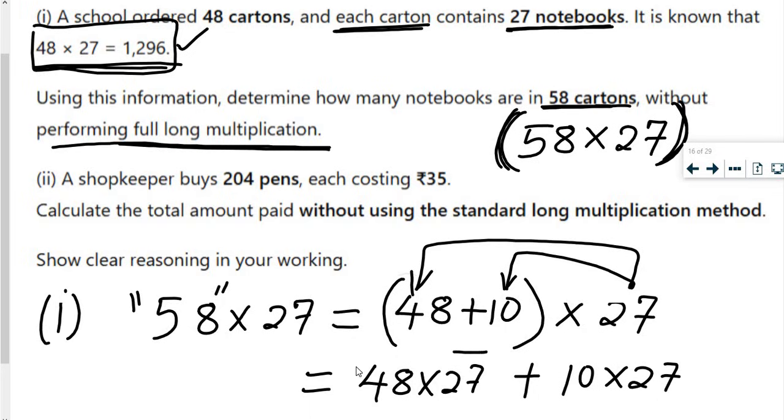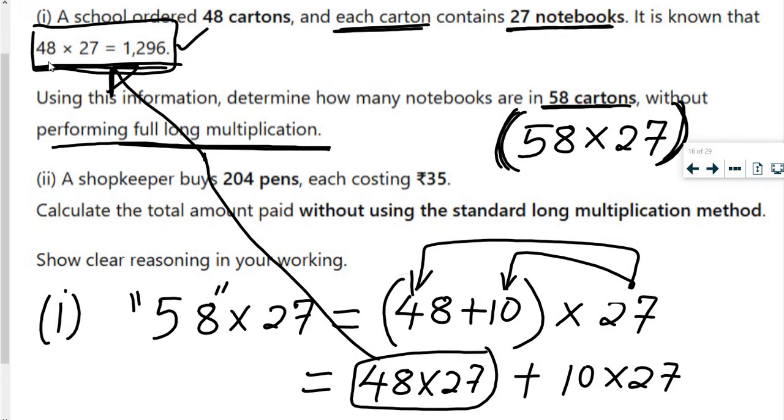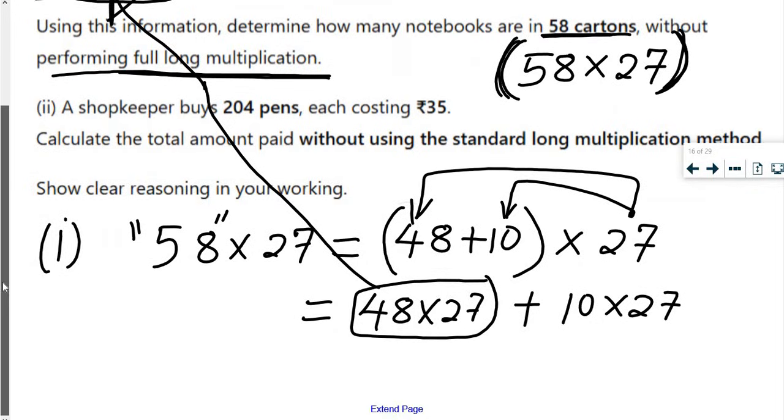Now when you look up, you will see this answer. 48 into 27, answer is 1296. So here you're going to write 1296 plus 10 into 27, answer is 270.